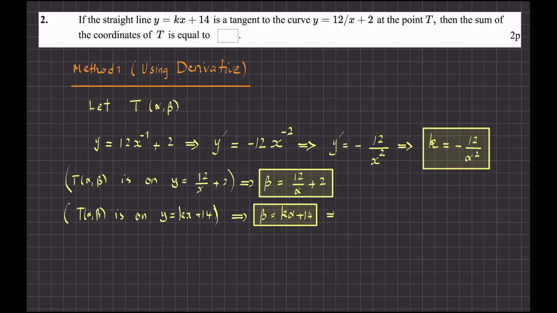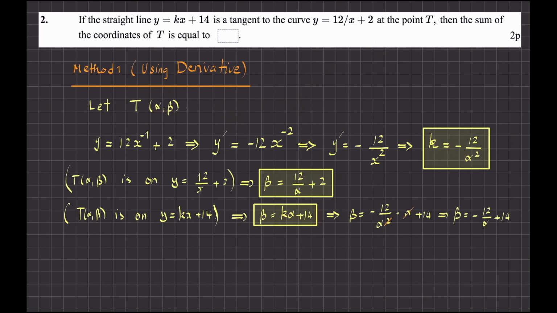So let me continue. Beta becomes equal to k, which is minus 12 over alpha squared, multiplied by alpha plus 14. But this alpha here will cancel one of these alphas. One alpha is left in the denominator. So this means beta is minus 12 over alpha plus 14.